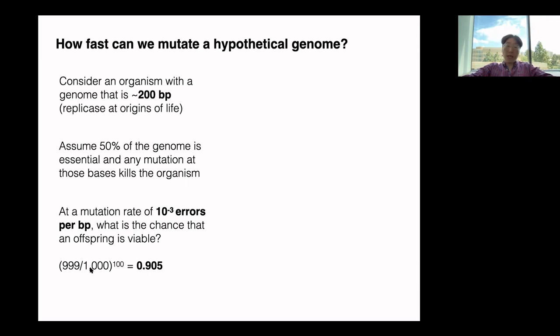In this particular case, our mutation rate is 10 to the minus 3 errors per base. And so the accurate copying rate is 999 over 1,000 per base. And we have to copy 100 essential bases accurately for the organism to be viable and its offspring to be viable. And so if we take this to the 100th power, we get a reasonable chance of survival, okay?